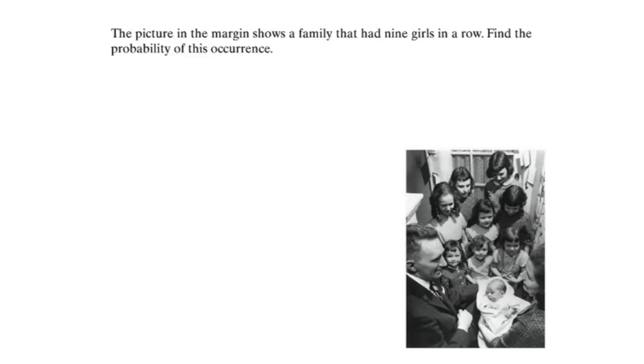For this slide, the picture in the margin shows a family that had 9 girls in a row. Find the probability of this occurrence. All right, so we need to find the probability of having 9 females in a row.